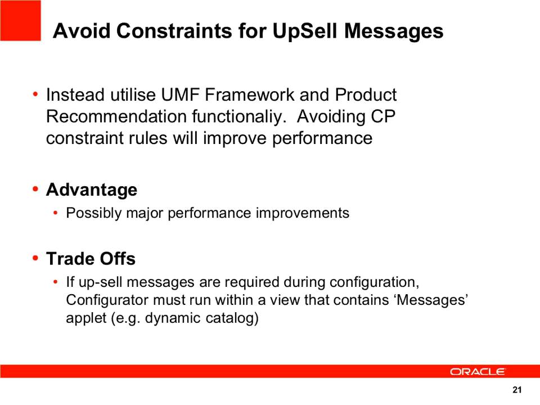And the problem is that you simply have additional constraints on the product. It's specific for this one product, and it simply makes the product more complex. So therefore, we recommend using the new product recommendation function and the UMF framework to generate your messages, and removing those upsell messages from the product definition.